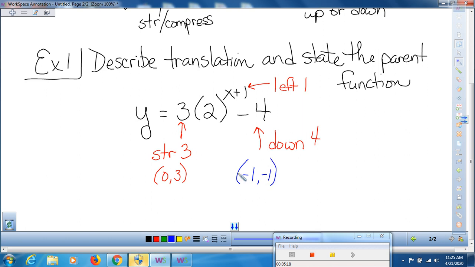So it should cross through the new point, negative 1, negative 1. Our parent function then, where did this start? Without this translation of left 1, without this translation of down 4, and without this stretch, where would we want to start? This started at y equals 2 to the x.